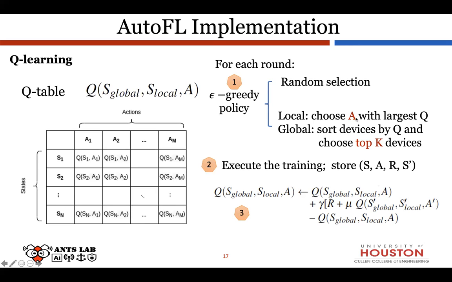Since if we choose the execution target, we can have the specific Q value for each device. For each device, then they do the sorting for the global. Oh, okay. So when they update each device the Q table. Okay. Yes.